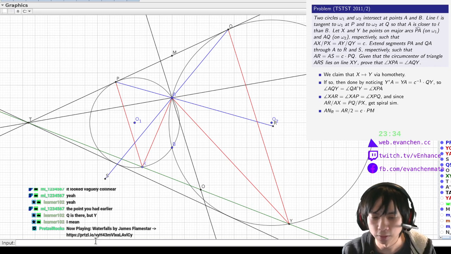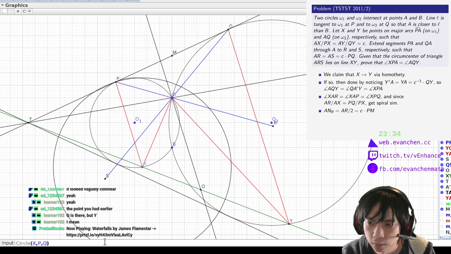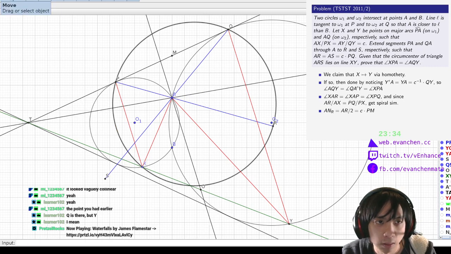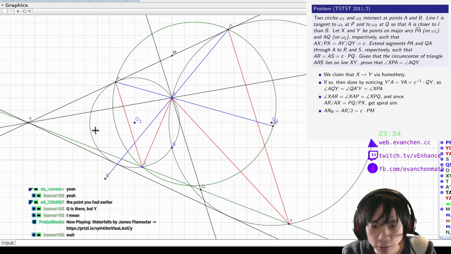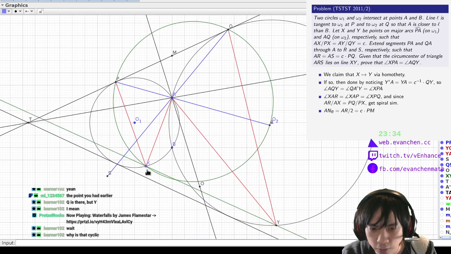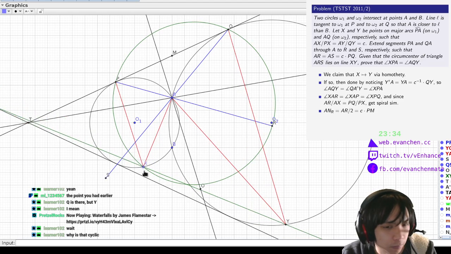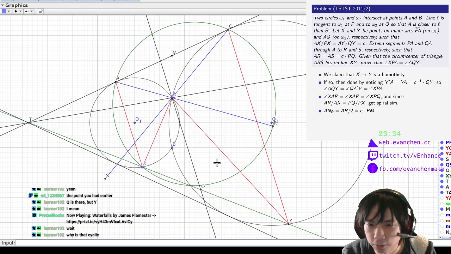Okay, so is this true unconditionally? Yeah, it's true unconditionally. Why is that cyclic? I don't know. I just noticed it just now.